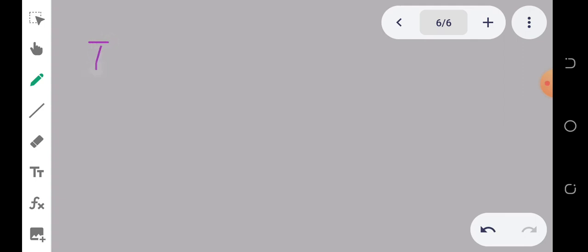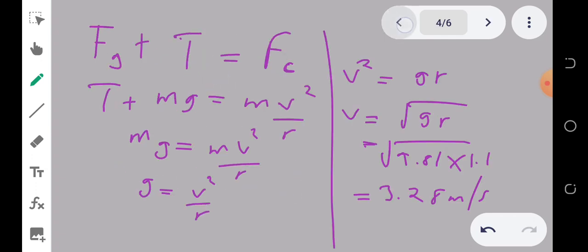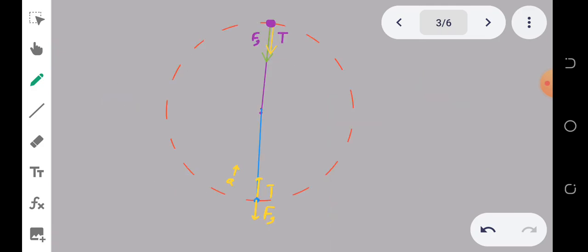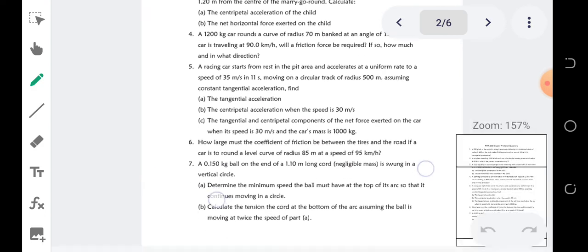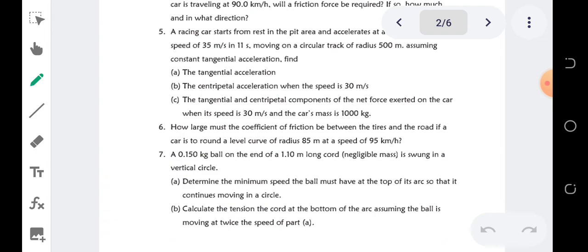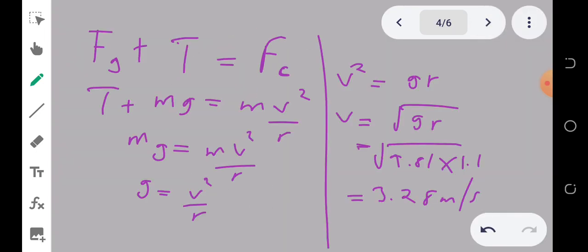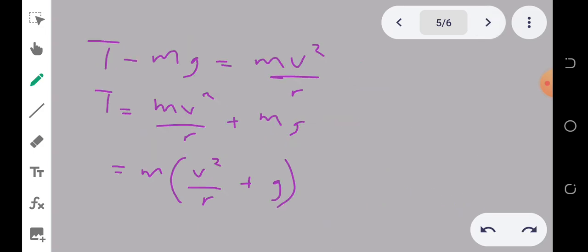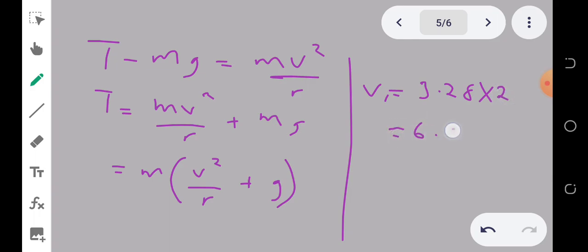Therefore the tension will be equal to, my m is 0.15 kg. Now they've said that the speed in this case is 2 times that of part a. So we're not going to use 3.28, we will use 3.28 times 2, which is about 6.56 meters per second.